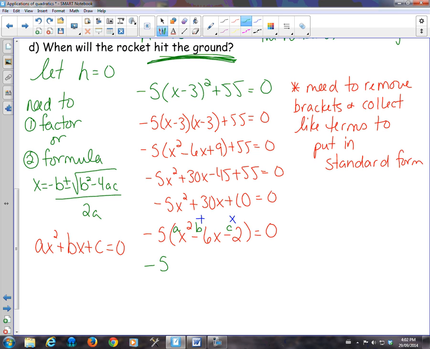I'm going to use my quadratic formula. So -b, -6 would be +6, plus or minus the square root of b squared, -6 squared, minus 4 times a times c, over 2 times a.